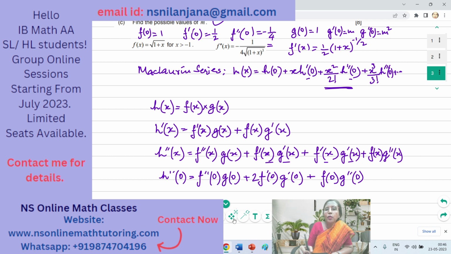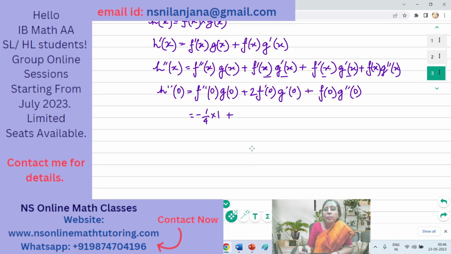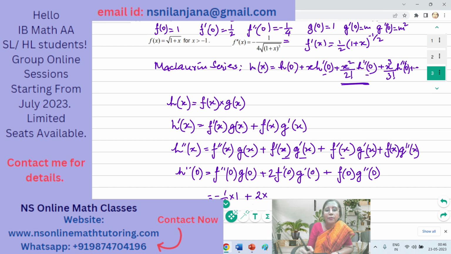So negative 1 over 4 times 1, plus 2 times f dash 0, g dash 0. g dash 0 is m, and f dash 0 is half.